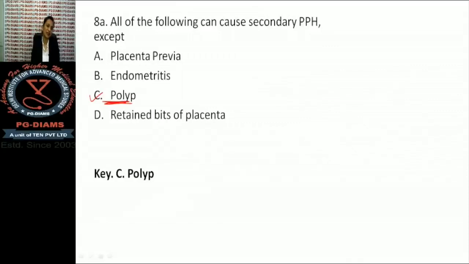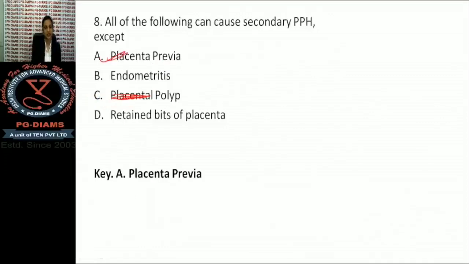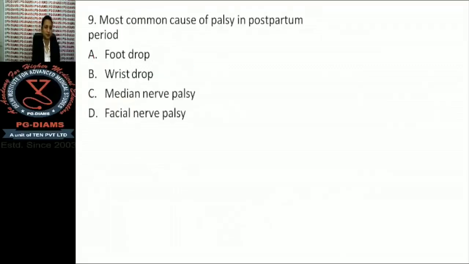Then placenta previa may cause, because placenta previa is associated with placenta accretas in most of the cases. So by exclusion here I would mark polyp. But I am sure the question must have been placental polyp, because Williams clearly states that placental polyp is a cause of secondary PPH. So they wanted to ask you about placental polyp only, most likely.